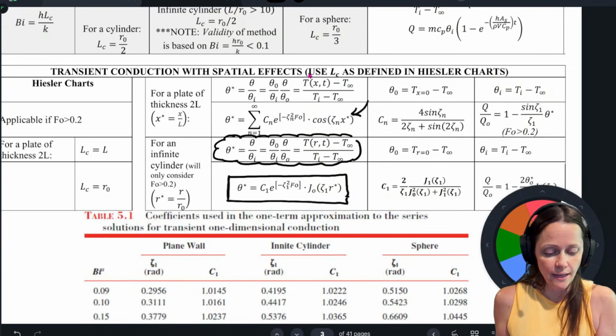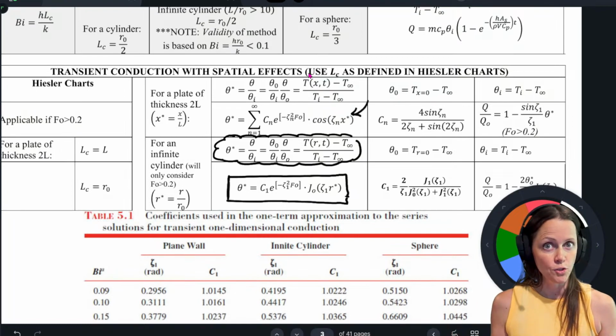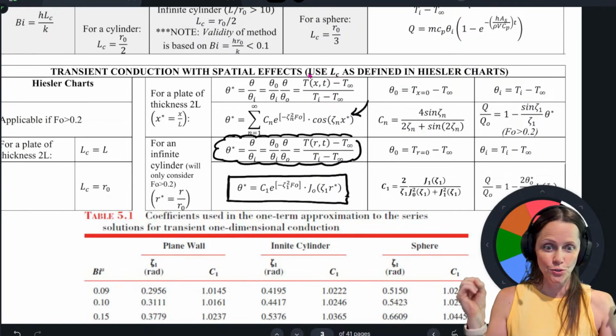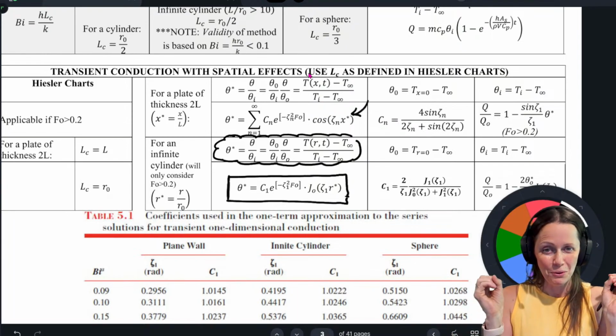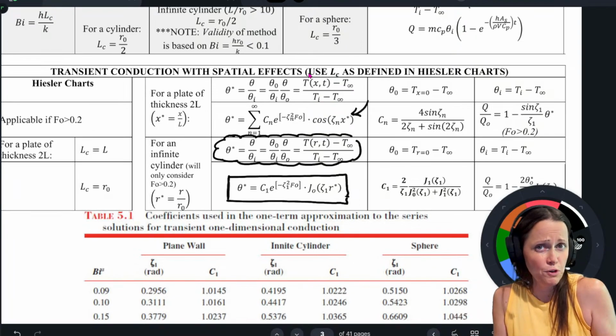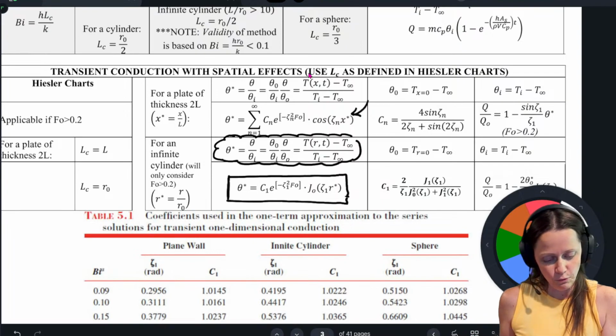Again, just like for Cartesian coordinates, that one-term solution is valid if your Fourier number is greater than 0.2. Essentially, you've gotten past that initial, like, bam, we turned on convection, right? We've exposed this thing to some convective environment, and it's just during that first little bit. It's not during that portion, right? So if our Fourier number is greater than 0.2, one term solution is fine.